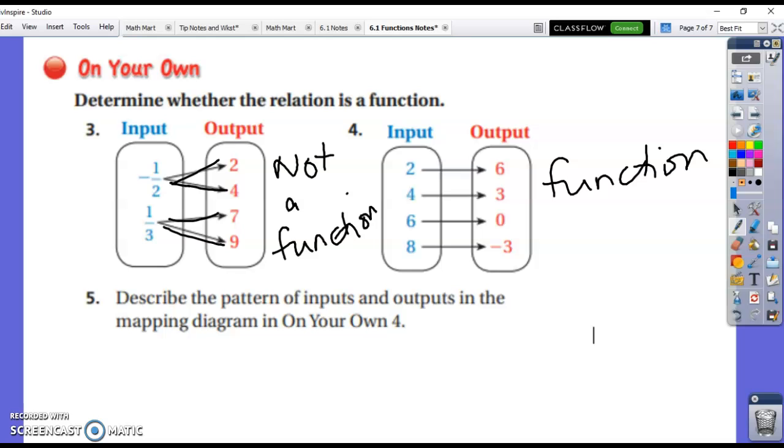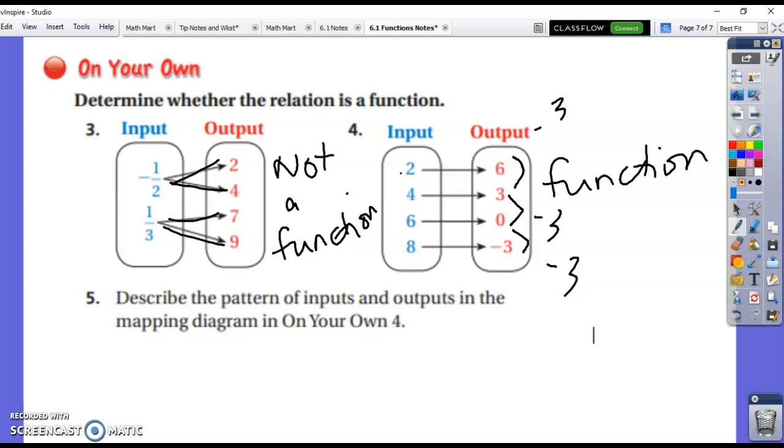So number 5 says describe the pattern of inputs and outputs in the mapping diagram. So if I look here, if I look from 6 to 3, that's going down by 3. 3 to 0 going down by 3, and 0 to -3, it's going down by 3.